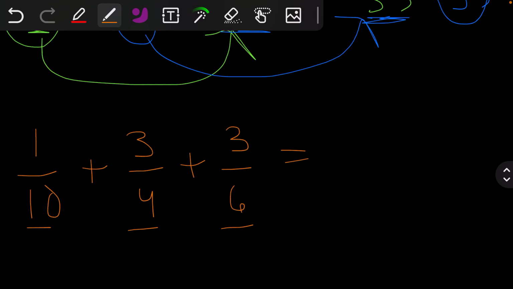So we got denominators of 10, 4, and 6. What's something that these numbers all share in common? That looks like it's going to be 120.